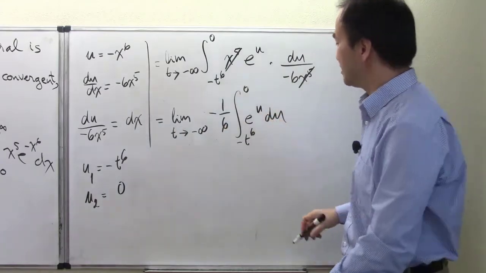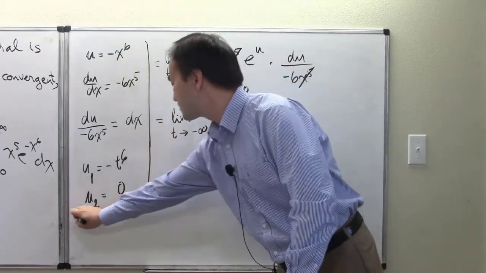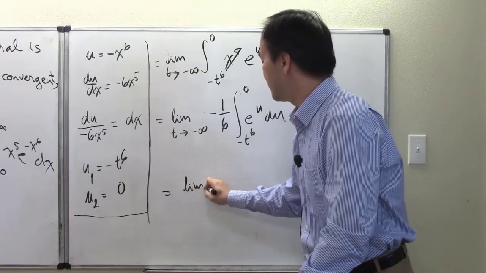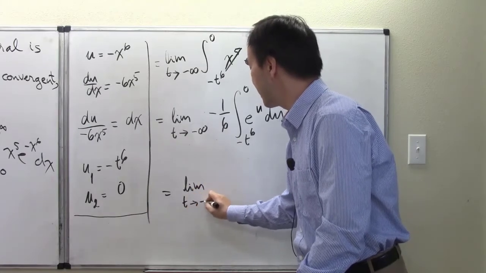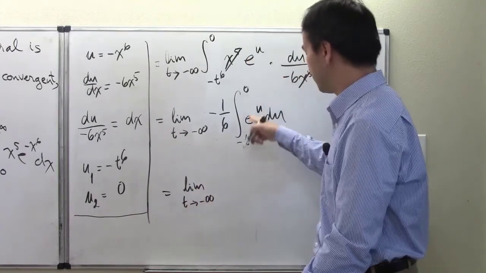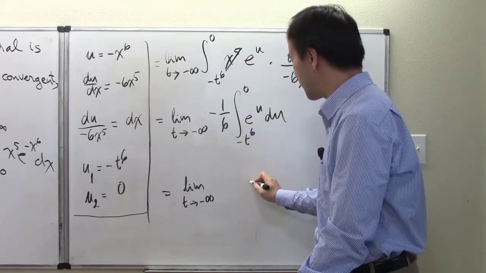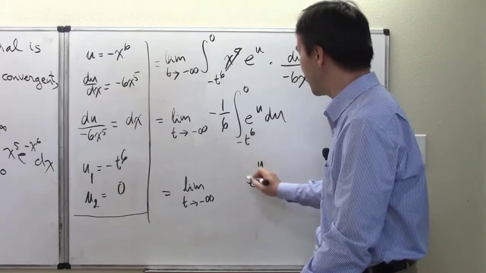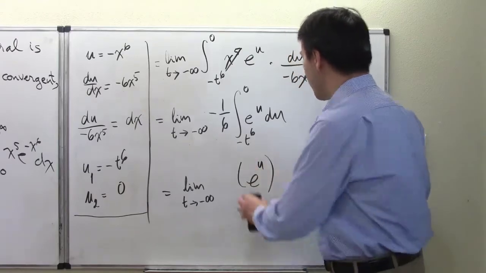All right, and so now this limit, t goes to negative infinity. Now the fundamental theorem of calculus comes in and says we take the antiderivative, so that becomes e to the u, and we need to evaluate this.